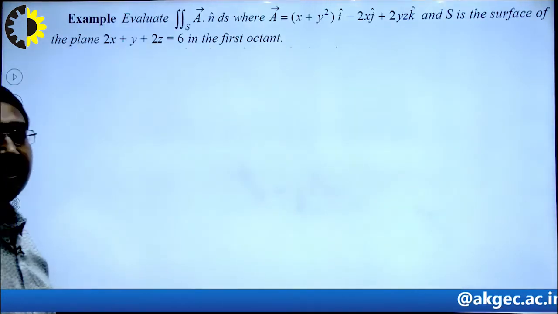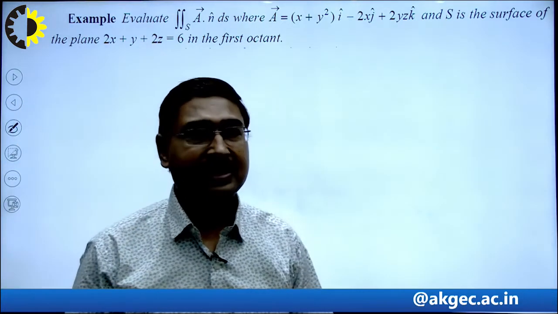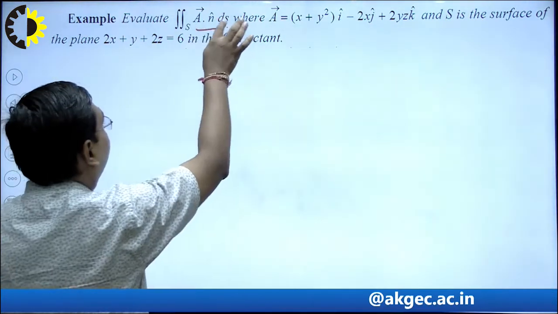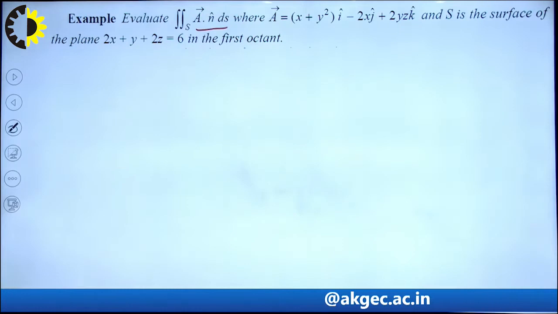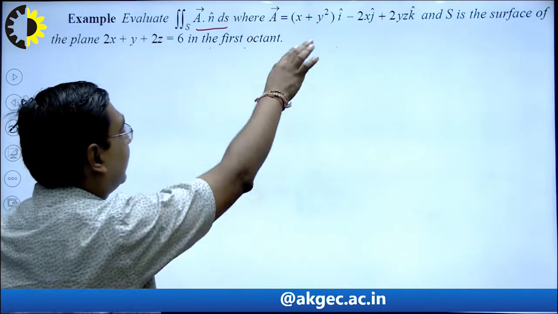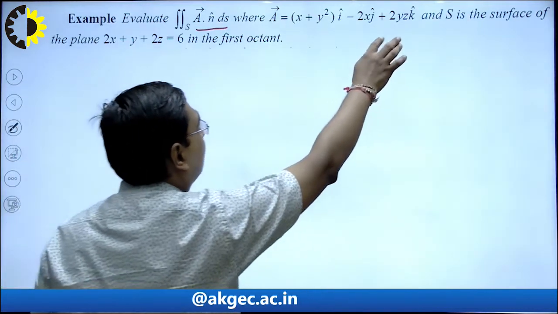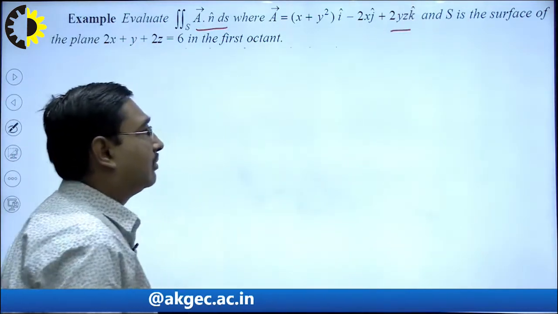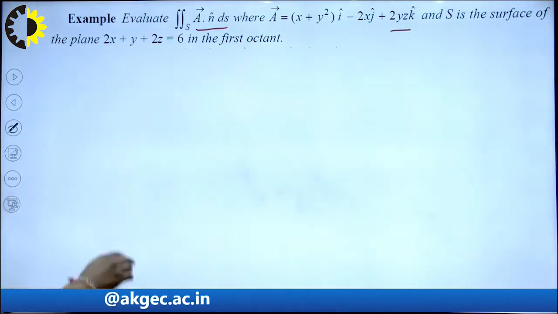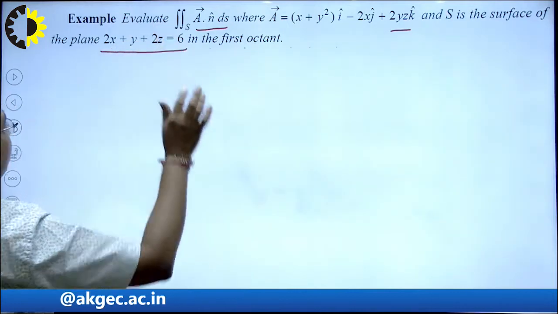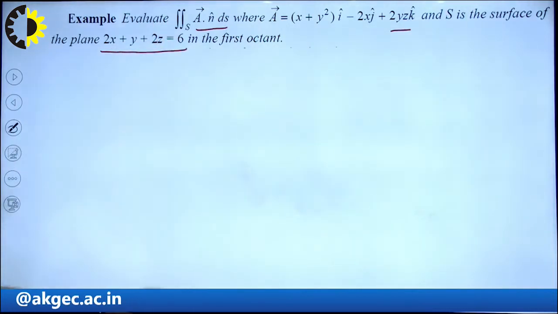The example says, evaluate the integral over S of A dot n dS, this surface integral, where A equals (x plus y squared) i cap minus 2x j cap plus 2yz k cap, and S is the surface of the plane 2x plus y plus 2z equal to 6 in the first octant.